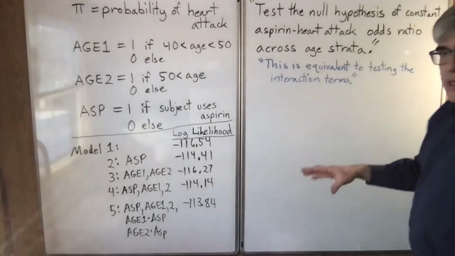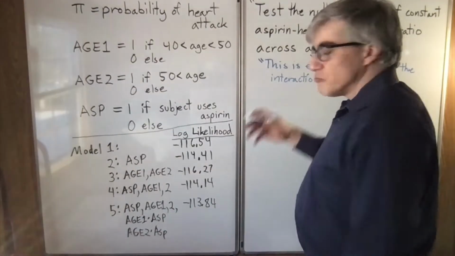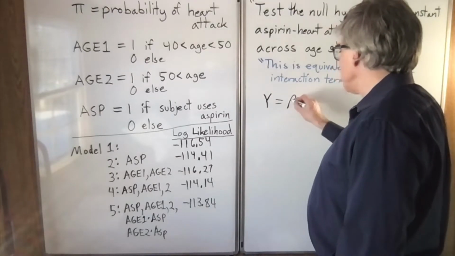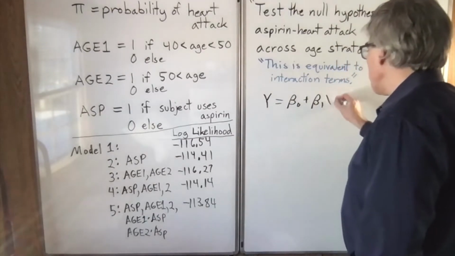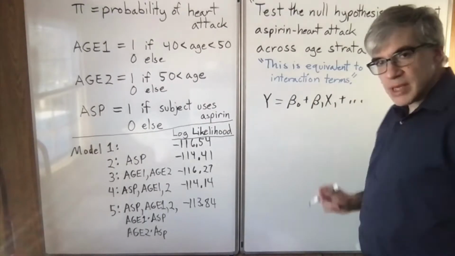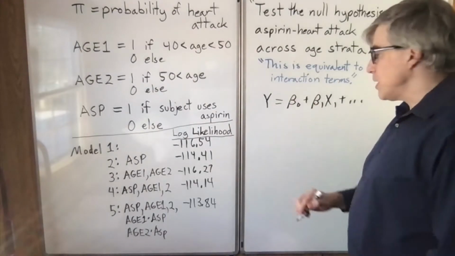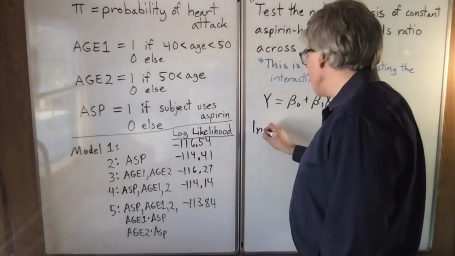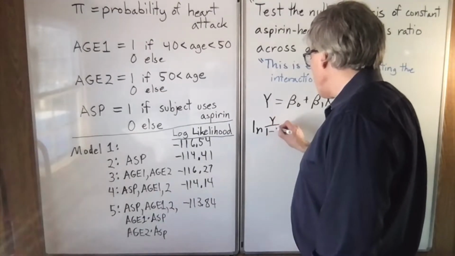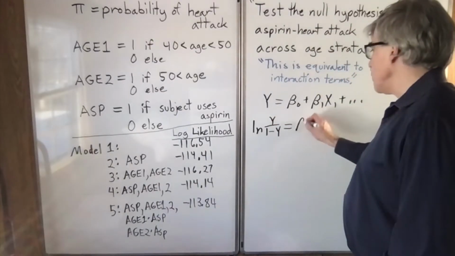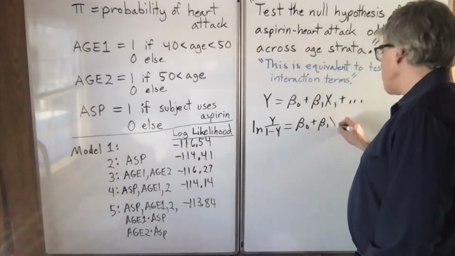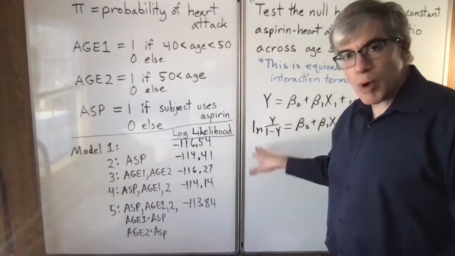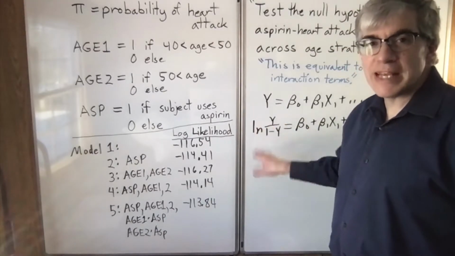What we are doing here is a logistic regression. In a regular linear regression, you are saying that y is beta 0 plus beta 1 x1 plus etc. A logistic regression is when you say the natural log of y over 1 minus y is equal to beta 0 plus beta 1 x1 plus etc. Putting a function of y instead of y is called putting a link function.